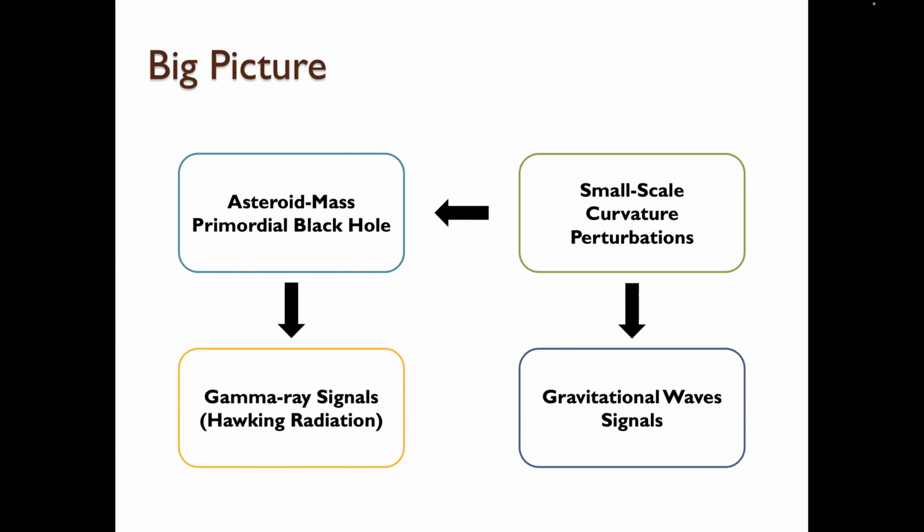For example, a first-order phase transition also gives a similar feature. So we are just suggesting an idea of correlating these two, but we are not fixing on small-scale curvature perturbation. We use this because it is an easy way to give lighter gravitational wave signals.